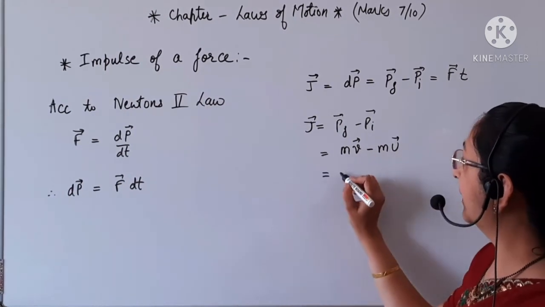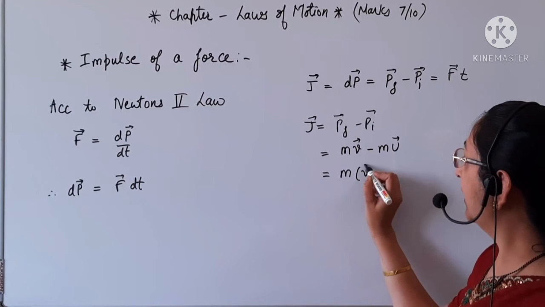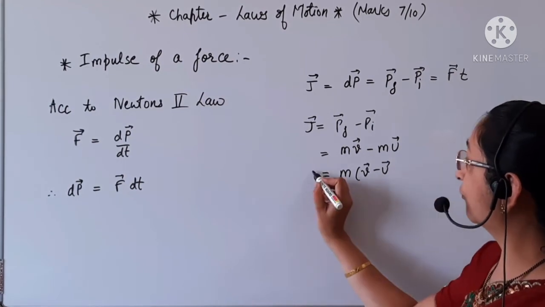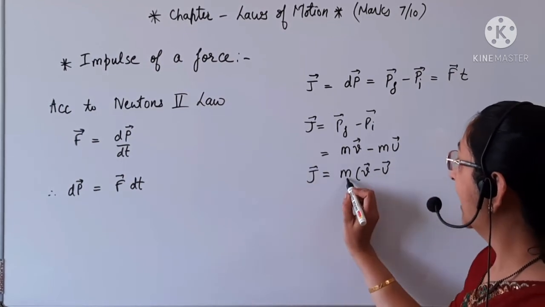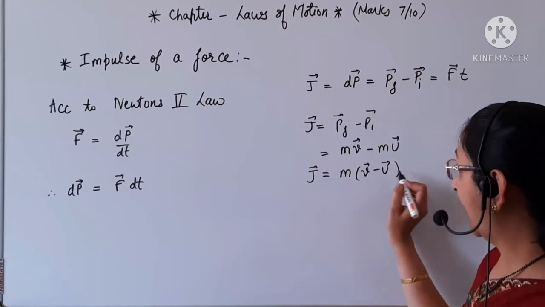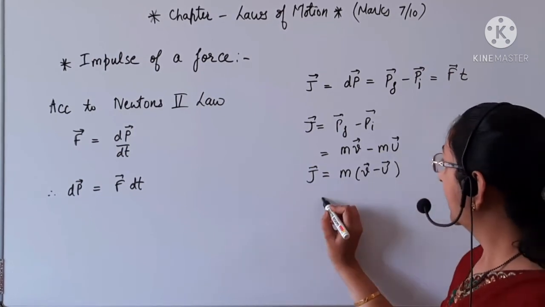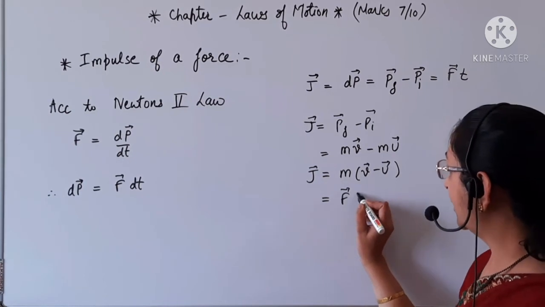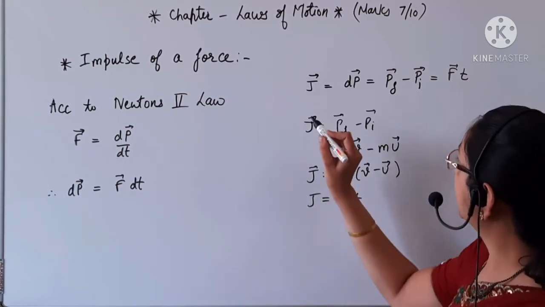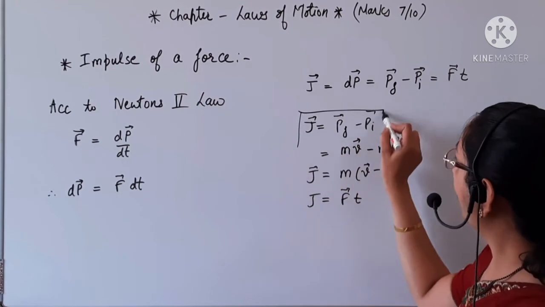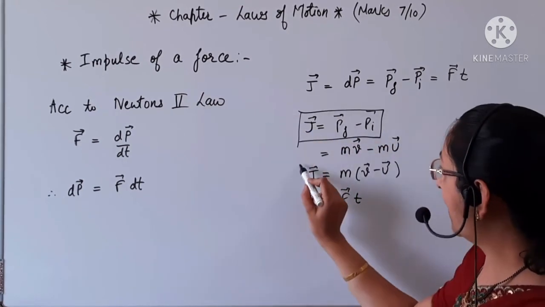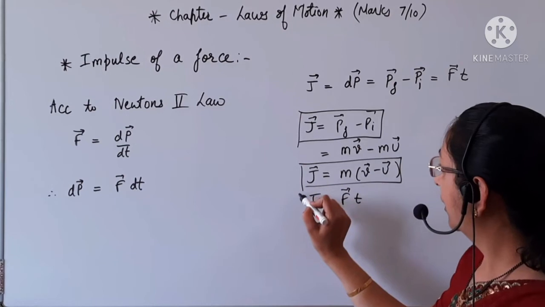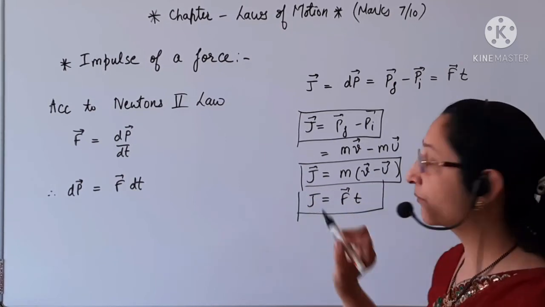So it can also be written as m into (v minus u). So one more formula for J is m into (v minus u), or we can also write it as F into t. So these are the formulas for the impulse of a force.